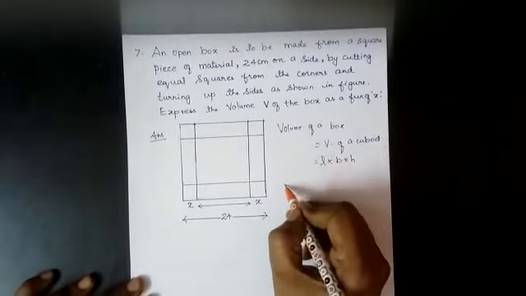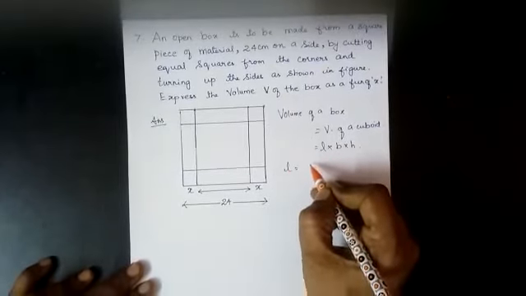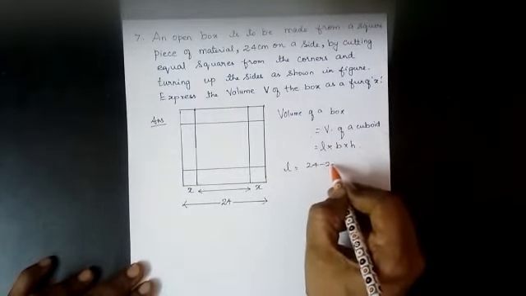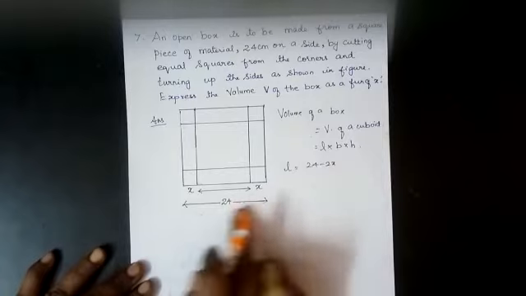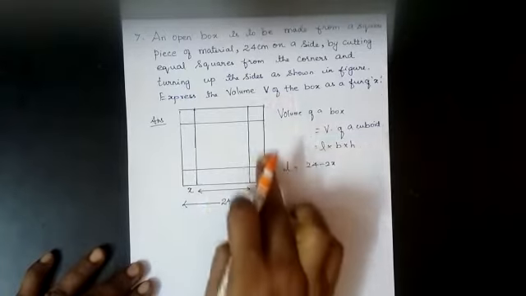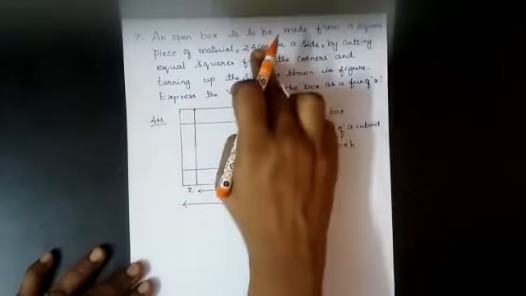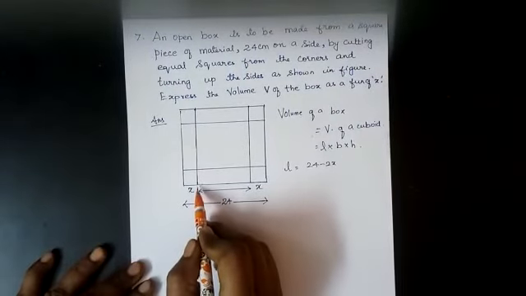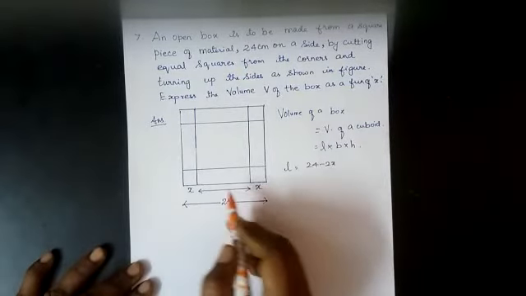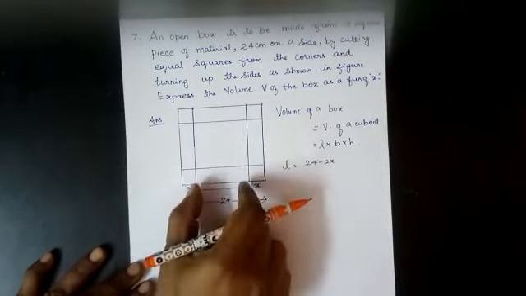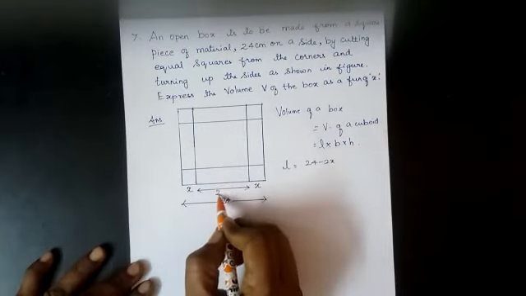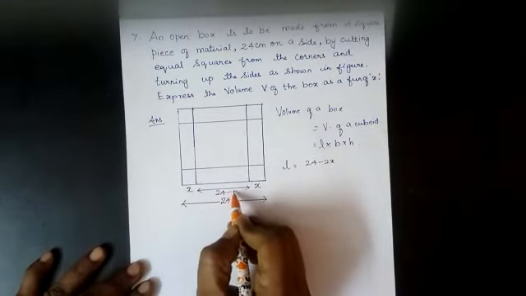So what are the values of L? It is 24 minus 2x. Look here, the entire length of this bigger square is given to be 24. We are cutting out x on this side and x on this side. So the smaller square will be of length 24 minus 2x.